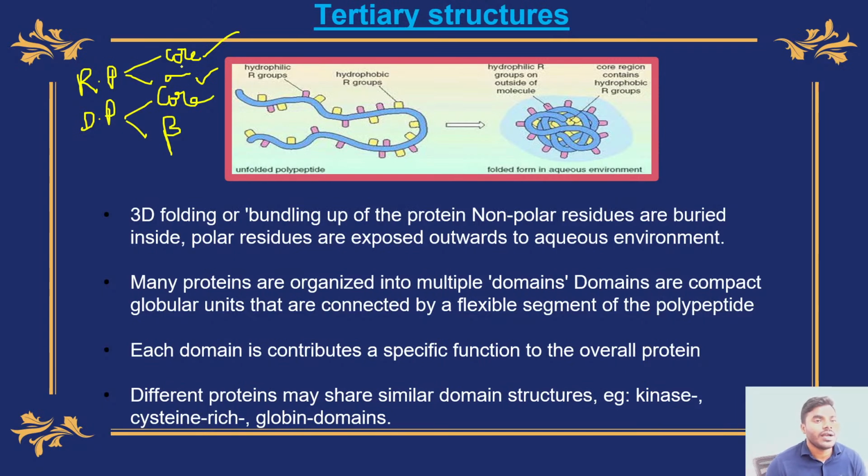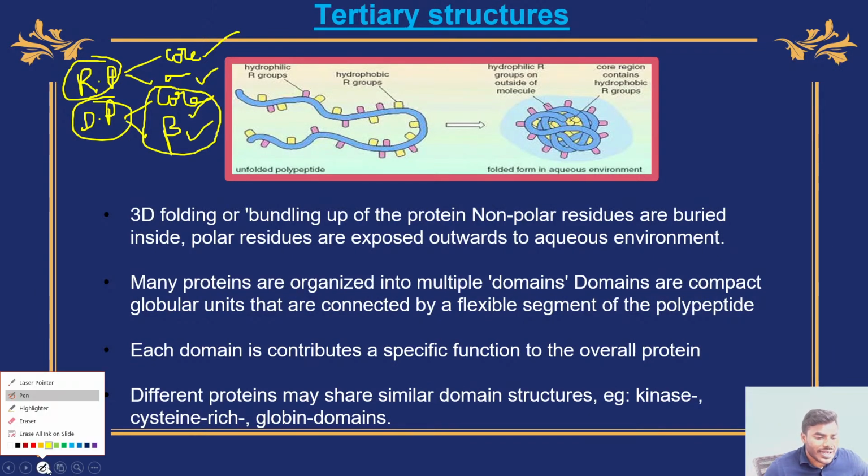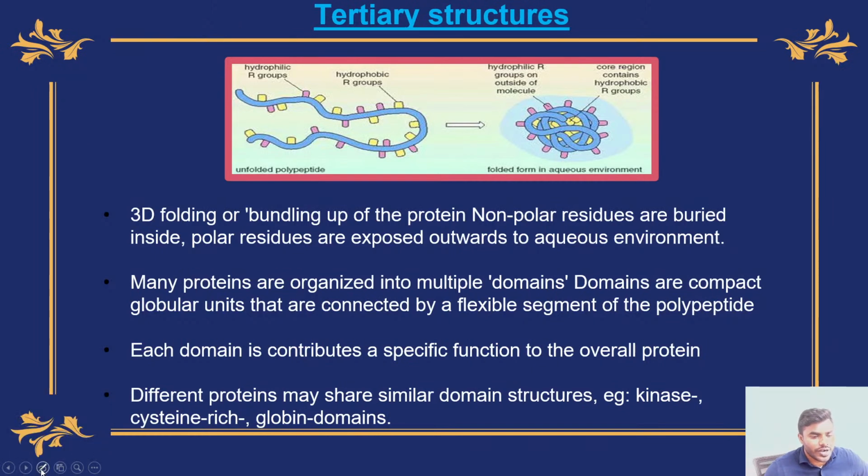But what's the point? When the core enzyme and the sigma factor come close together, they make the RNA polymerase enzyme. Similarly, when the core enzyme and the beta clamp come close together, they form the DNA polymerase enzyme. So what is the point? They can act individually also, they can act together also. Don't get confused with that particular point.